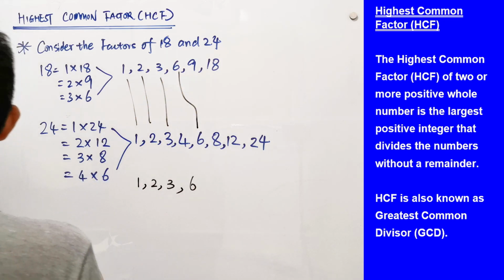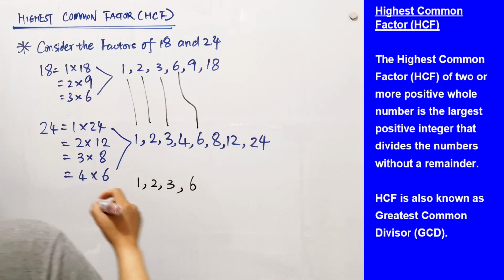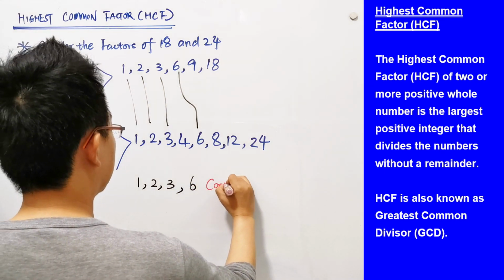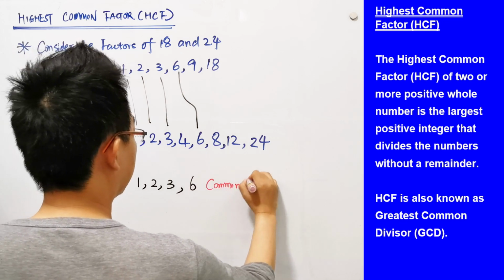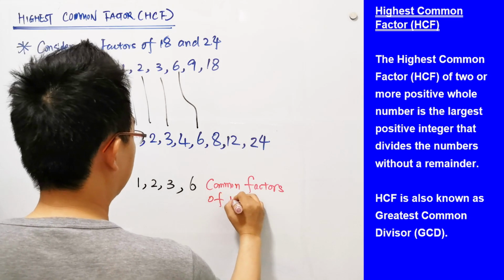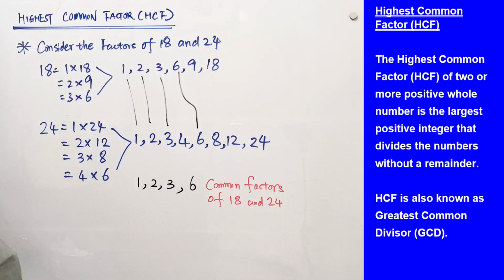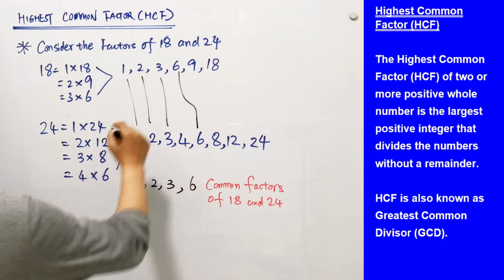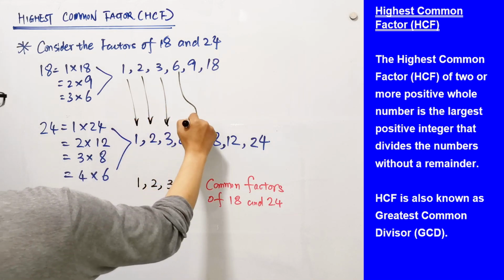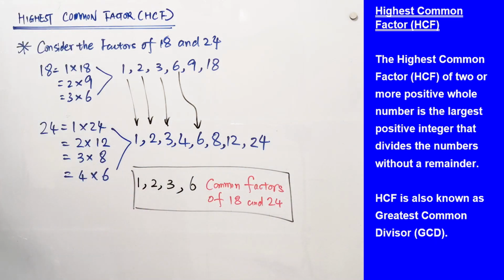So these are the common factors of 18 and 24, right? Is it correct? Just look here. Okay, so they are the common factors of 18 and 24.